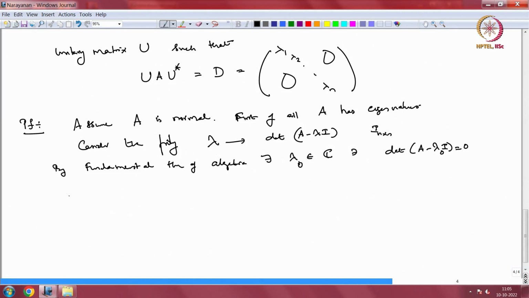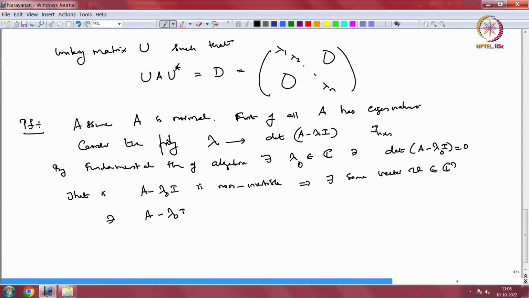So, hence A minus lambda naught I is non invertible, and since you are in the finite dimensional case, this implies that there exists some vector v in Cn such that A minus lambda naught I acting on v is 0, right.